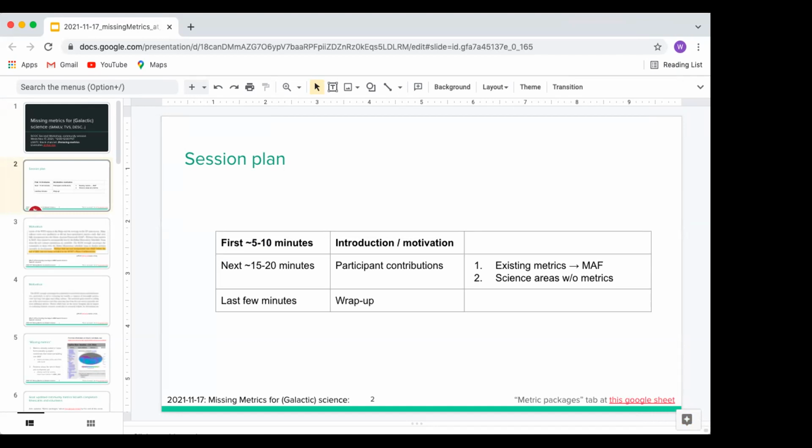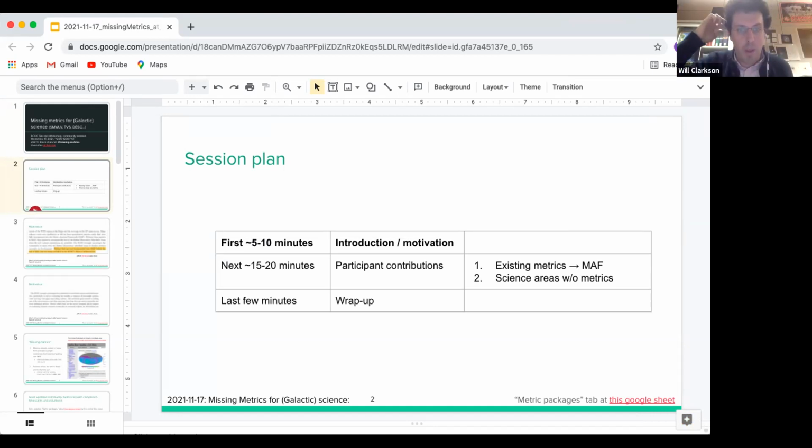Most of the session has been planned to be discussion from people in the room around two broad topics, one of which is existing metrics that now need changing into math, which I'll explain in a minute. The other one is science areas that we know are important that do not have metrics at all yet, and then there'll be a wrap up if there's time.